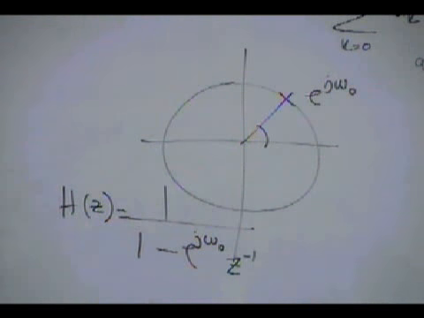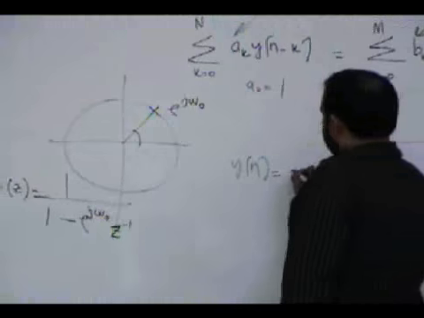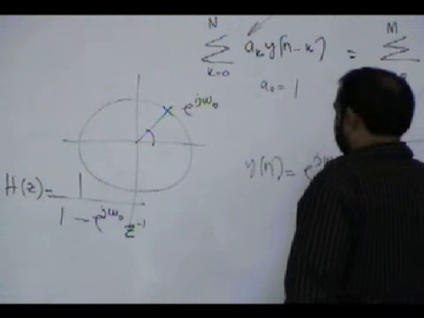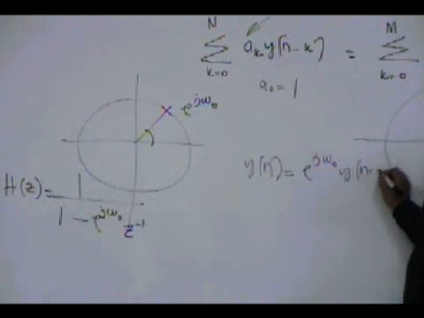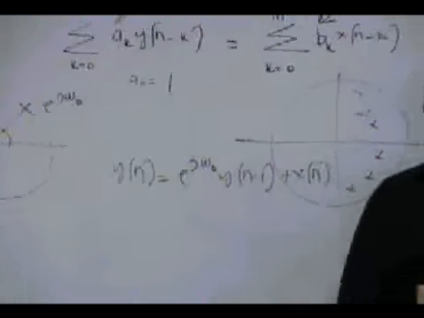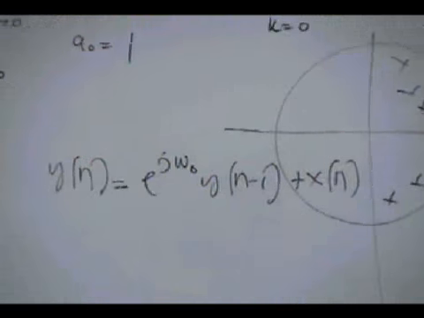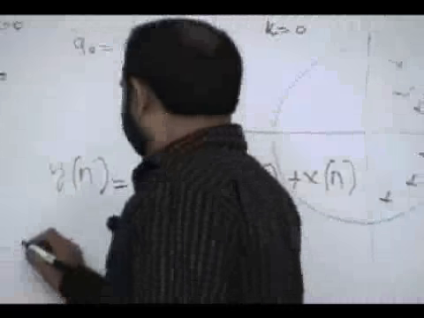What is the difference equation for this? y of n for this. y of n is e raised to the power j omega naught times y of n minus 1 plus x of n. This is the equation. Okay, what is the impulse response?